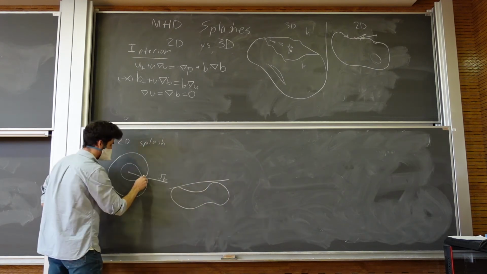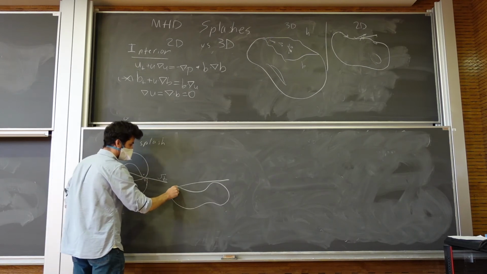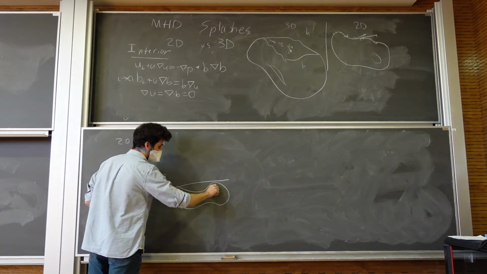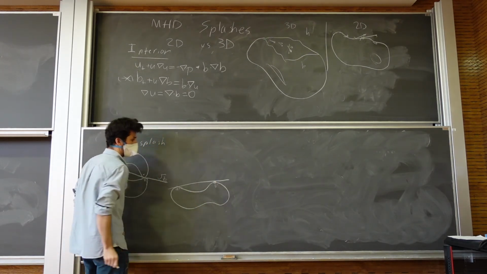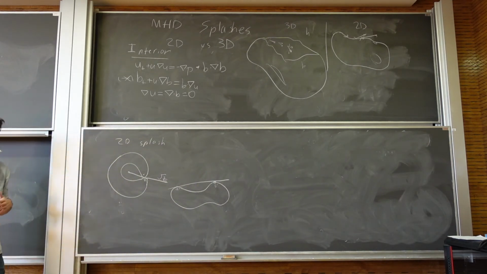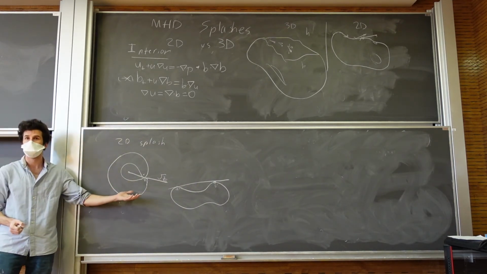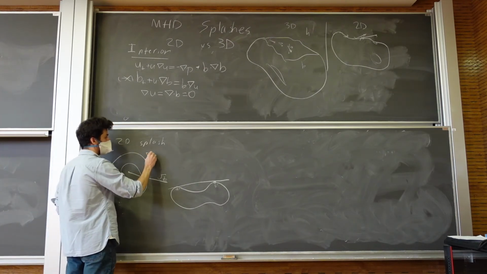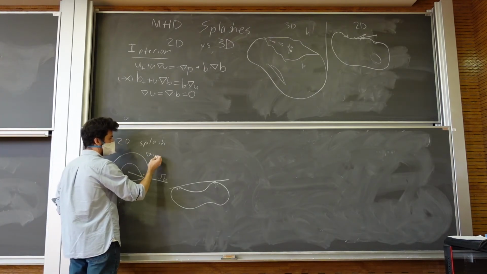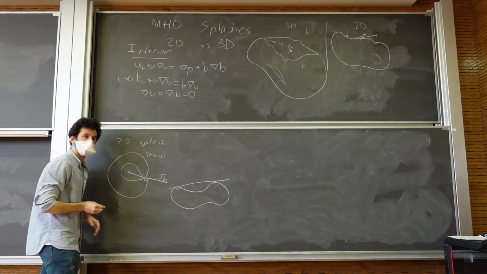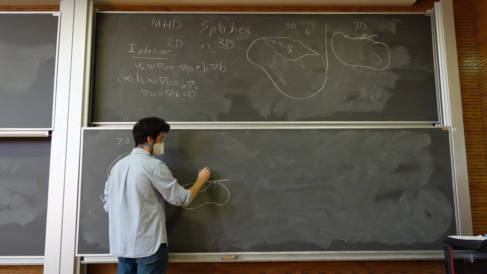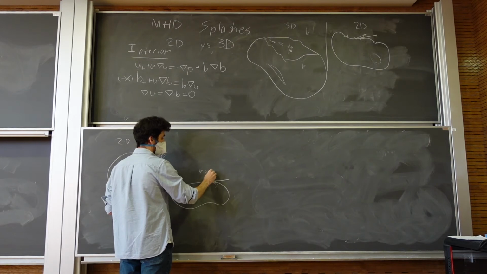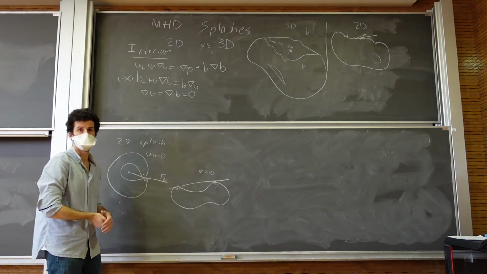So maybe I have A, B, and here I have A prime, B prime. The nice thing about conformal maps is that they preserve incompressibility. If I had that the divergence of u was 0 in this world, then I would find that the divergence of u tilde, the equivalent thing, is 0 in this world.